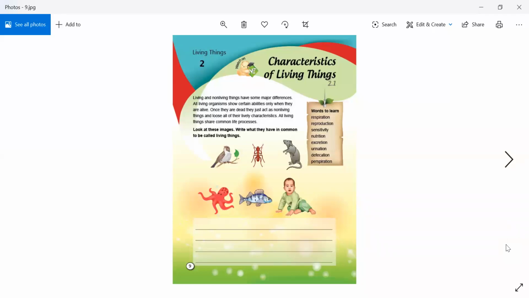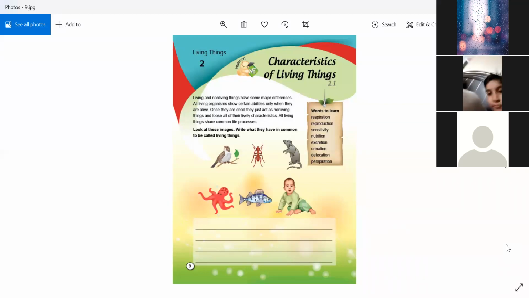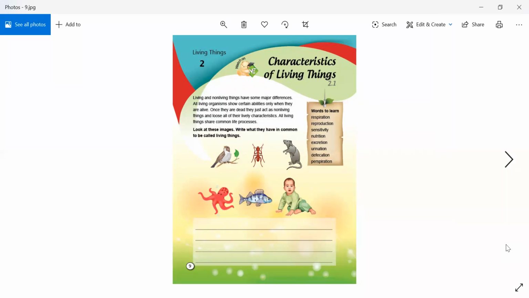First of all, we have to know what is the difference between living things and non-living things. Another name for living thing is living organism. Living things are those things which have abilities when they are alive to do something, to move, to grow.